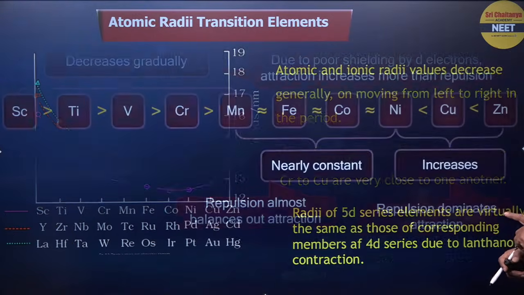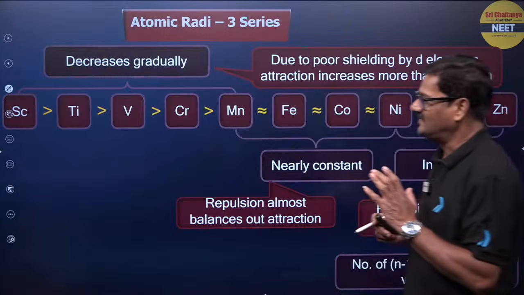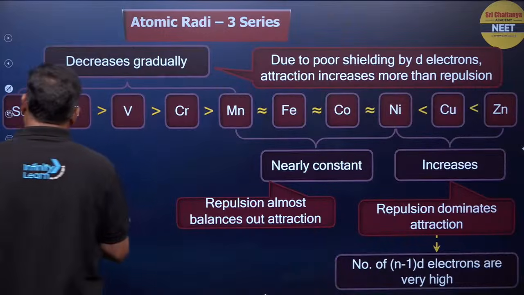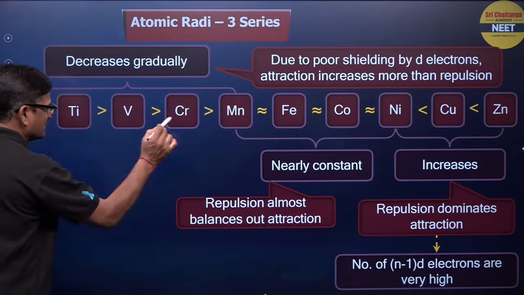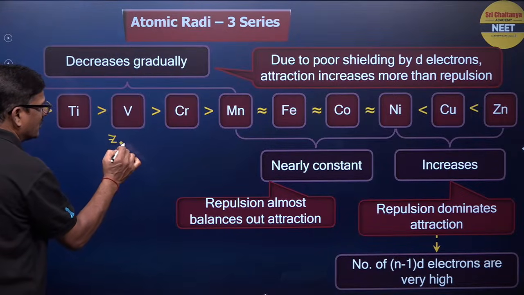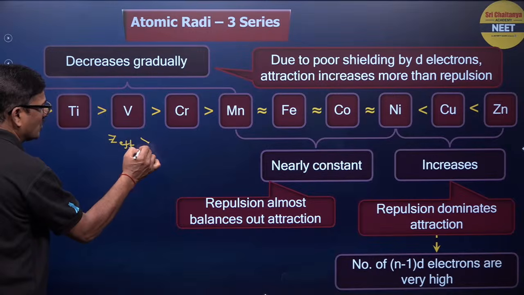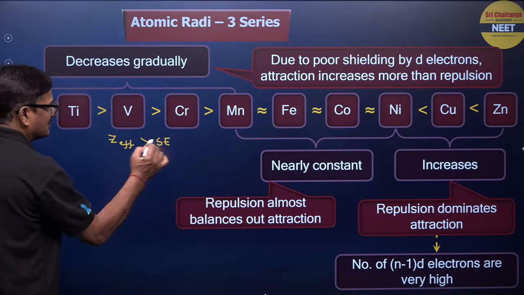Up to d5, atomic radius decreases because effective nuclear charge is overcoming the screening effect.